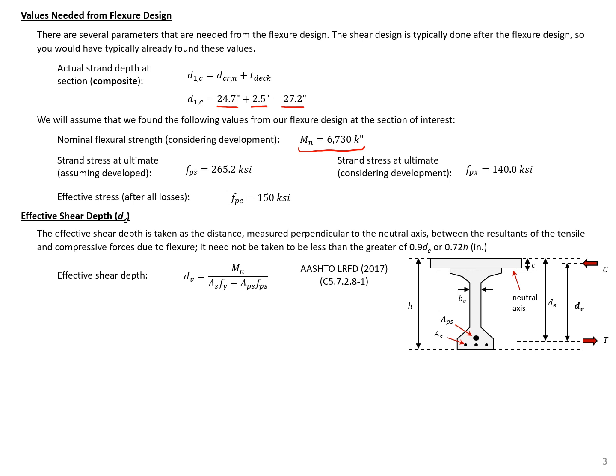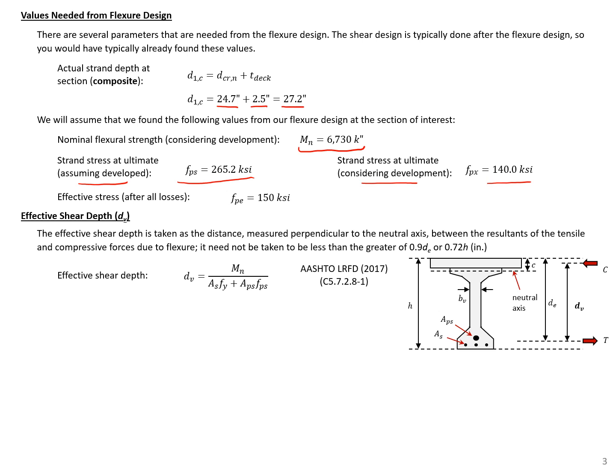Then we have our strand stress at ultimate, assuming that our strands are fully developed, would be 265.2 KSI. And considering the development of the strands at this point, we would only have 140 KSI. We're going to calculate that on the next slide, but I'm just giving that to us here. And then our effective stress after all losses is 150 KSI, assuming we can fully develop our strands.